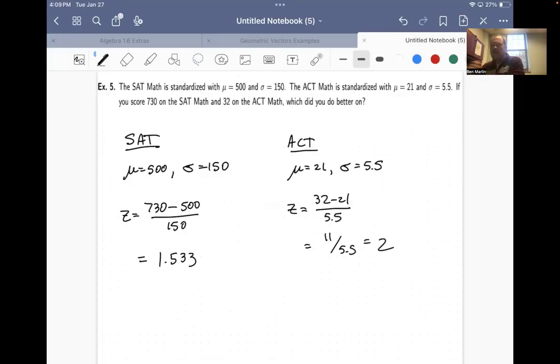So 11 divided by 5.5 turns out even, and so it's 2. Since the 2 is a better score than the 1.533, that suggests that when they want to submit the scores to the college, they want to submit their ACT to make a better impression. So, yay. Y'all feel good with that?